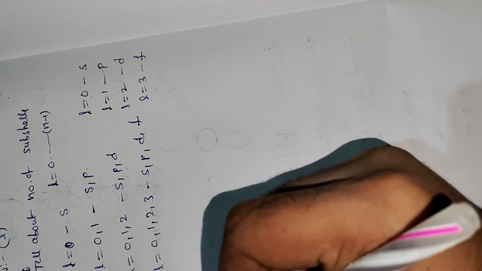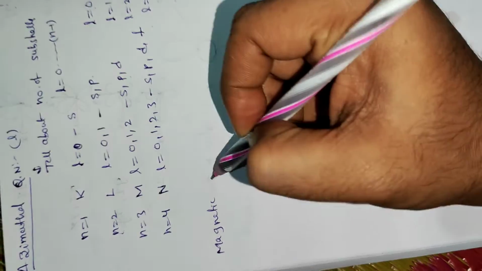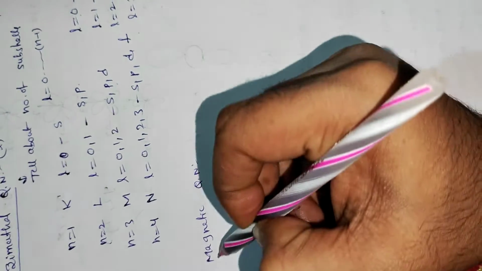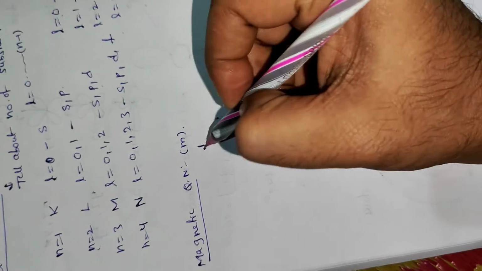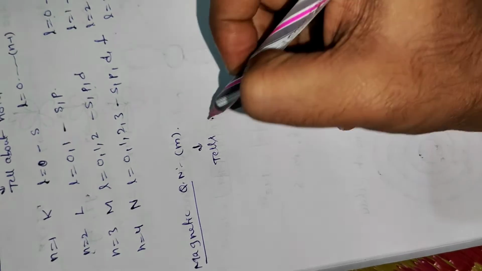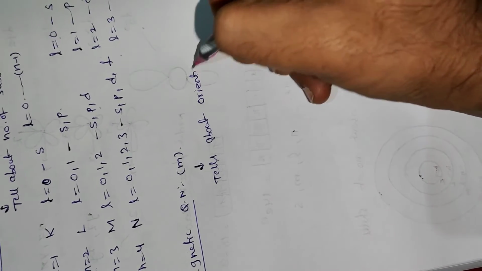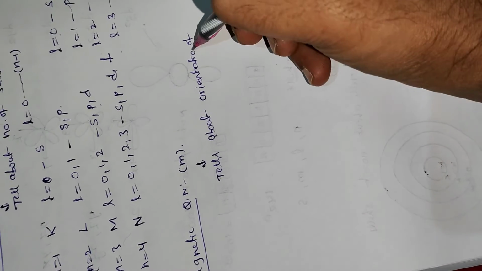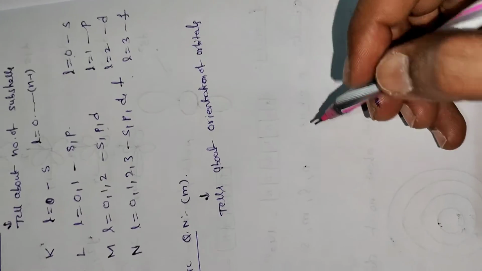Next, the third one, the magnetic quantum number. It is denoted by the small m. M tells about the orientation of orbitals.